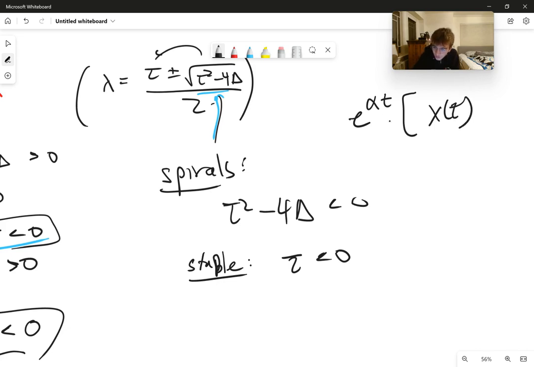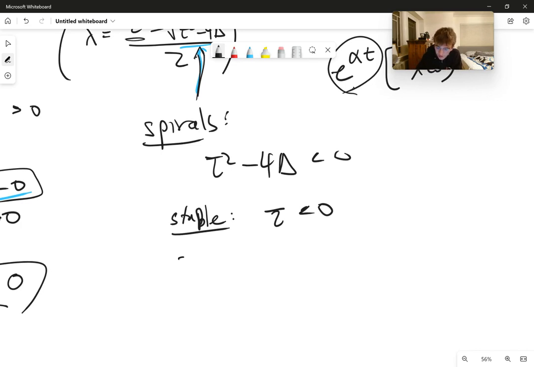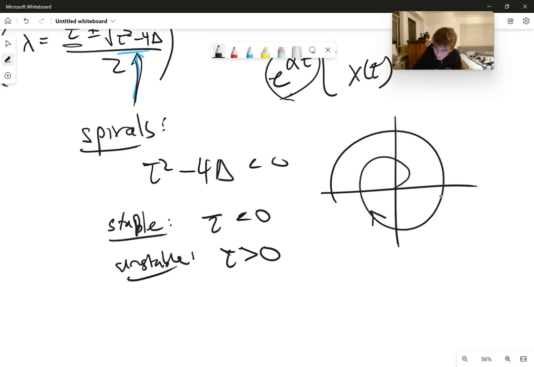This alpha here is entirely given by the trace because this square root is going to be imaginary. So we have stable when the trace is negative and unstable when the trace is positive. And I might draw a stable spiral looking like this, right? The stable spiral is going to go straight into the origin.